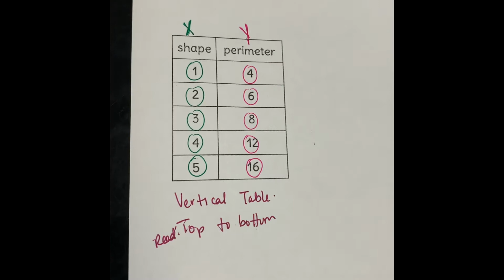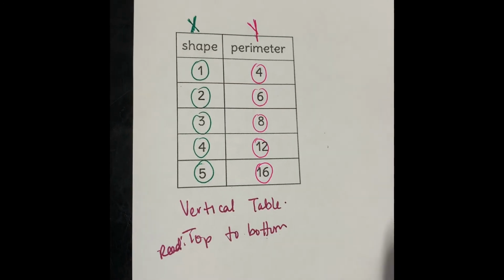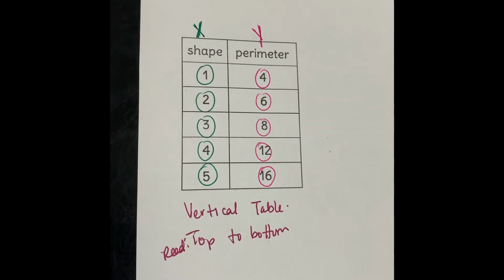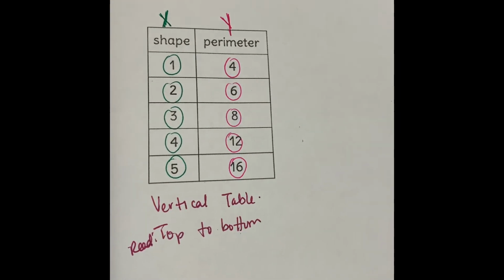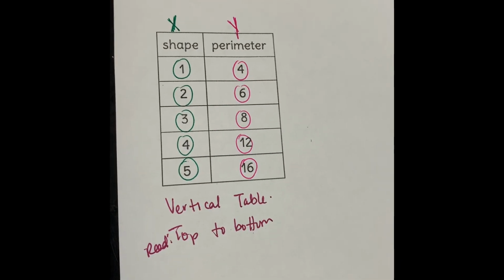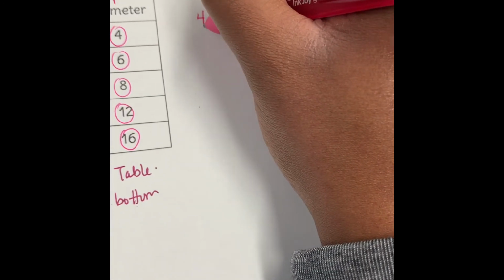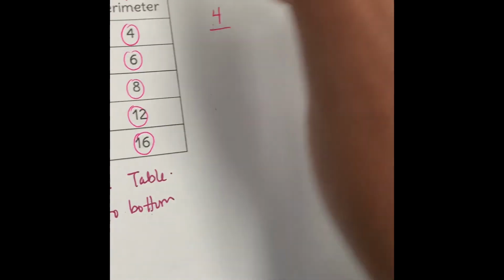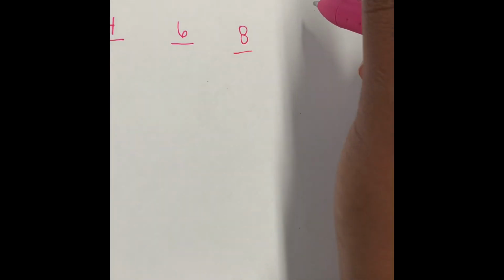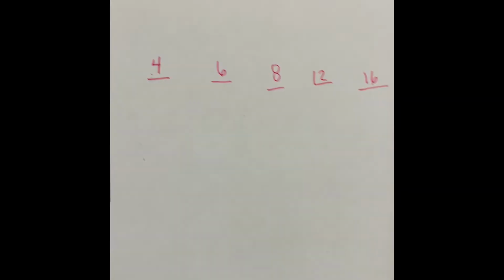If I go ahead and set up my proportions on my ratios, 4 is my y value, 6 is a y value, 8 is a y value, 12 is a y value, and 16 is a y value.